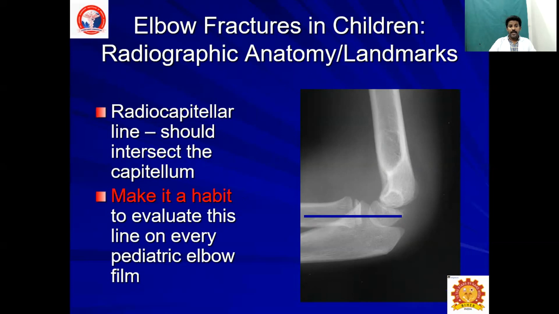Again, I'm telling you, the radiocapitellar line should intersect the capitulum. Make it a habit to evaluate this line on every pediatric elbow film so that you don't miss the fracture. A line should be drawn which intersects the capitulum.